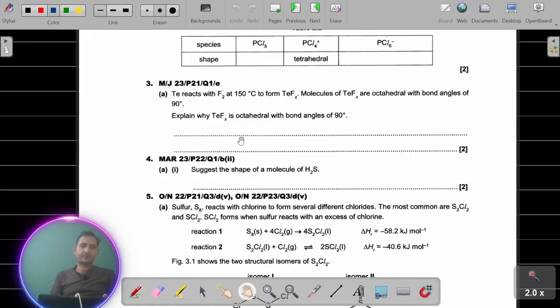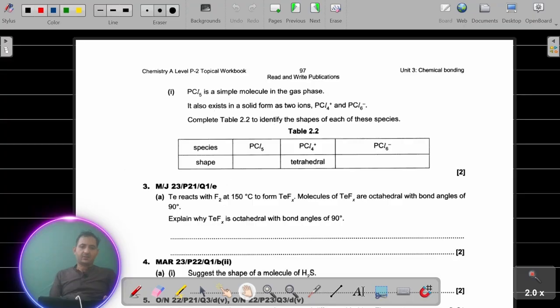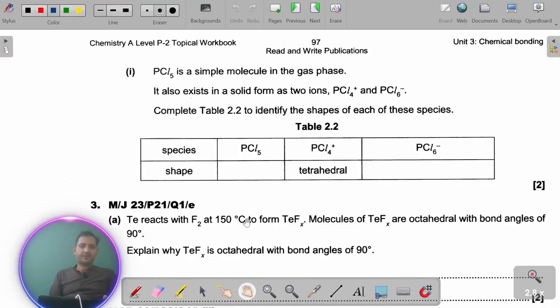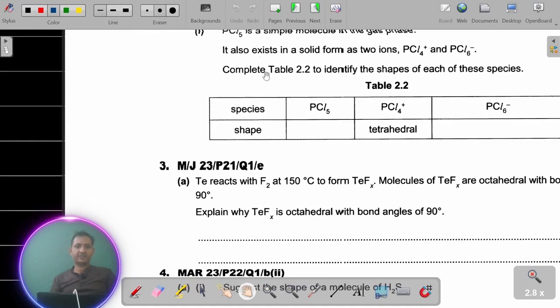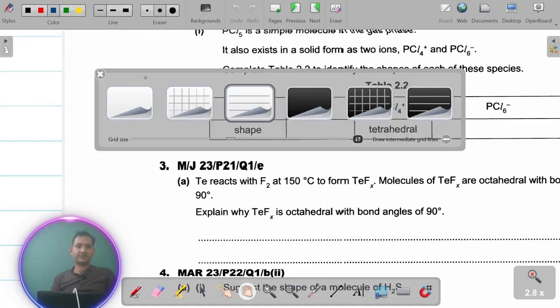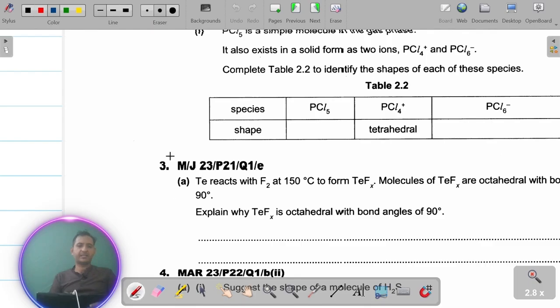So the question is, PCl5 is a simple molecule in the gas phase. It also exists in solid form as two ions, PCl4 and PCl6. What is the shape of PCl5? Phosphorus is from group 5, and the group number tells me the number of electrons in the valence shell. So here I have 1, 2, 3, 4, but the fifth electron, one of the bonds is beyond that.